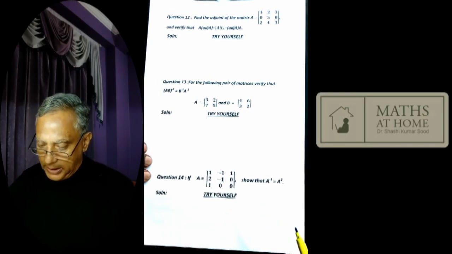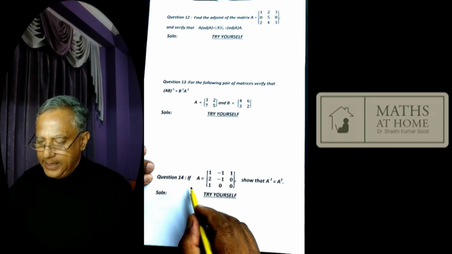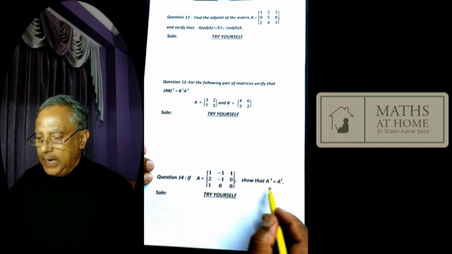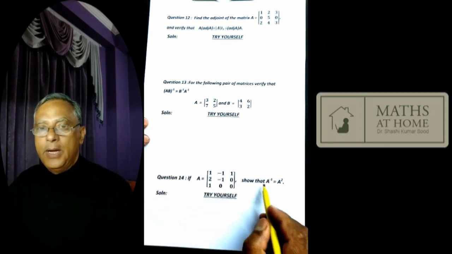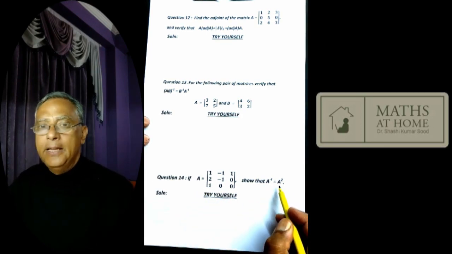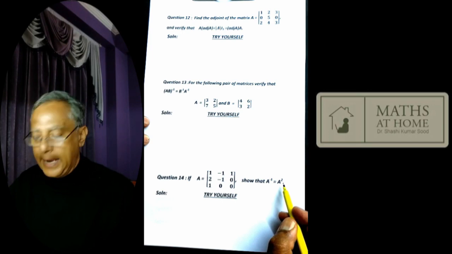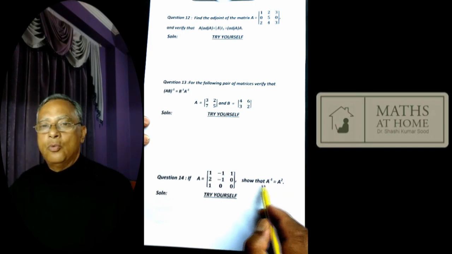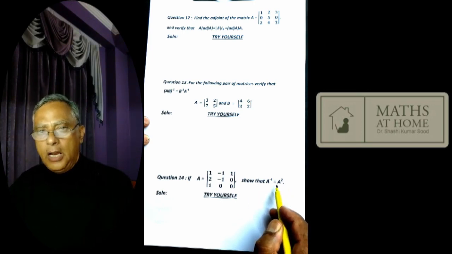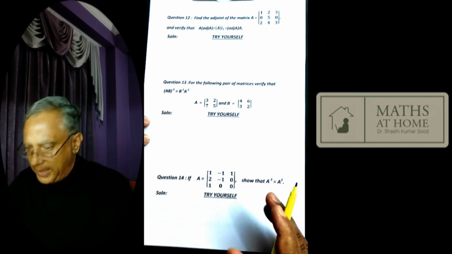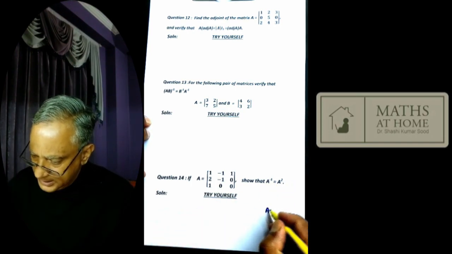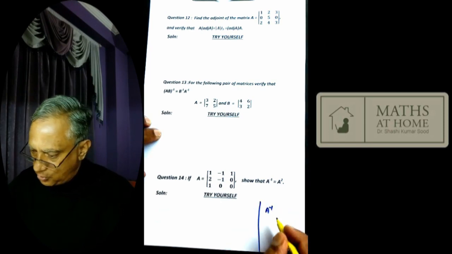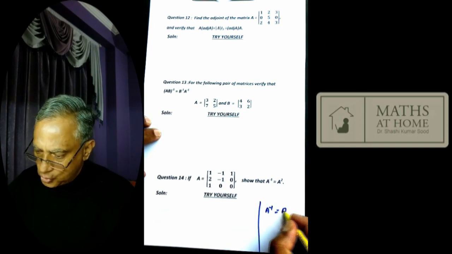And third is, if A is equal to this, show that A inverse is equal to A square. Now direct method will be find A inverse and find A square and see whether they are equal or not. Or a shorter method will be, we have to prove that A inverse is equal to A square.